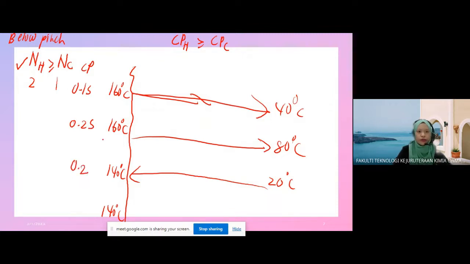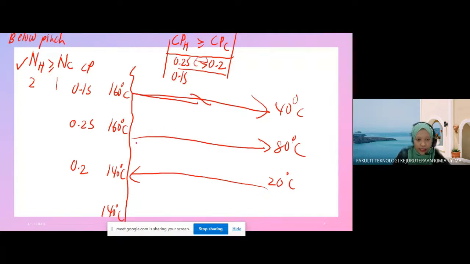Now you need to rearrange the CP value in descending order. So for hot, 0.25, and then followed by 0.15. For cold stream, 0.2. So looking at this, the first one already fulfilled the CP rule, so meaning that 0.25 is greater than 0.2. So now you can pair 0.25 with 0.2.